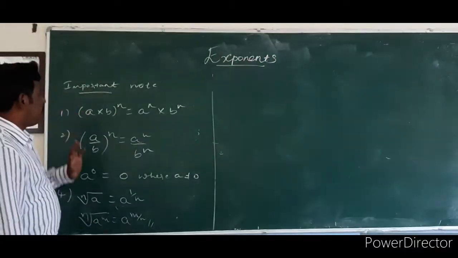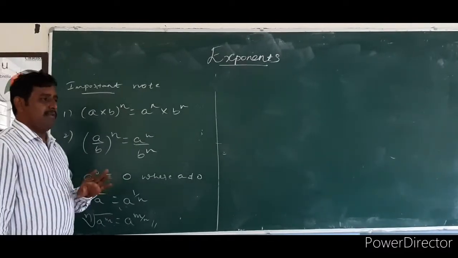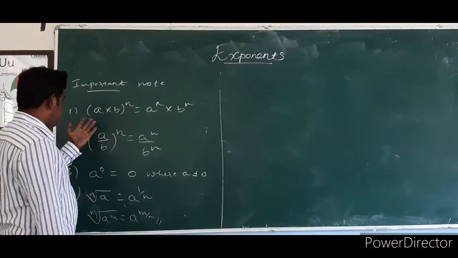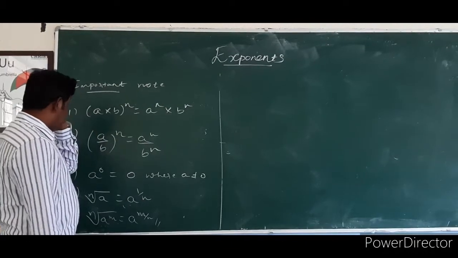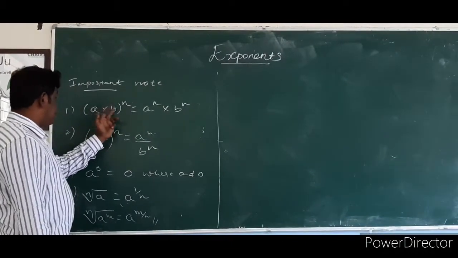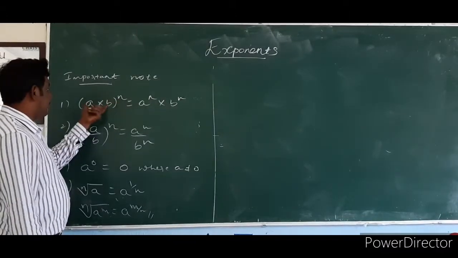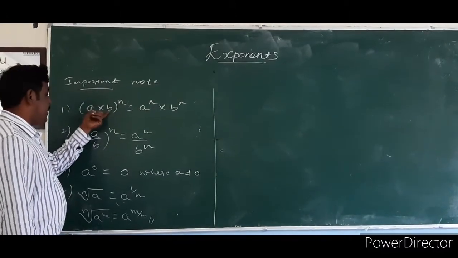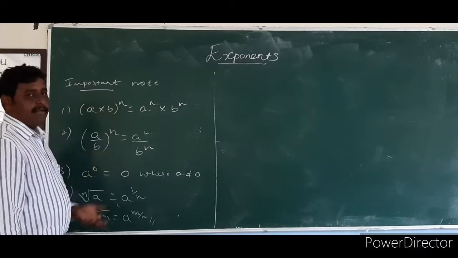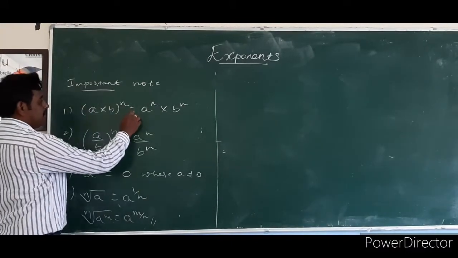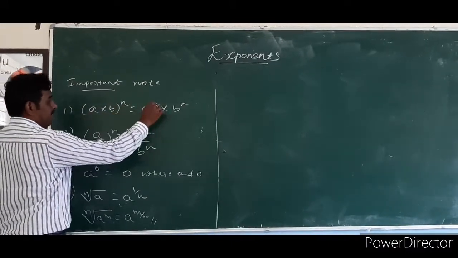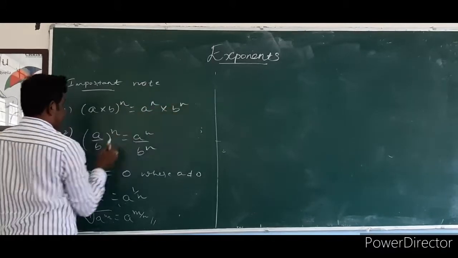Next is an important note. Till now we learned the laws, but now a into b, two different bases with one power, the product whole to the power of n. So we write a to the power of n into b to the power of n.